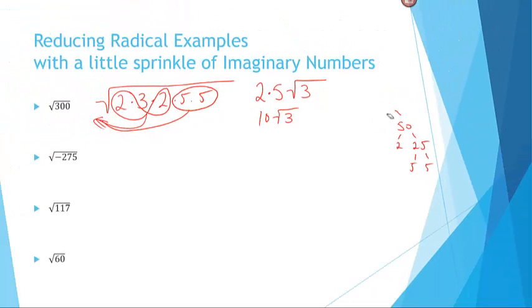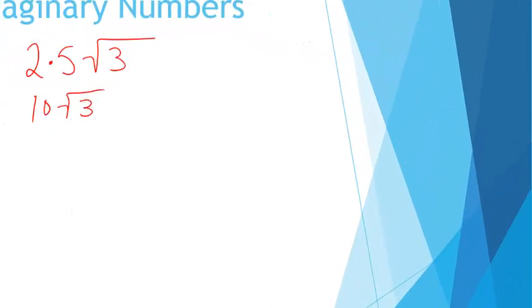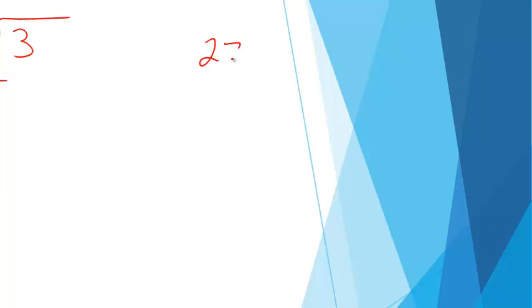Let me erase this. Okay, now the square root of -275. We're going to go ahead and factor 275. Well, -275 factors to -1 and 275.